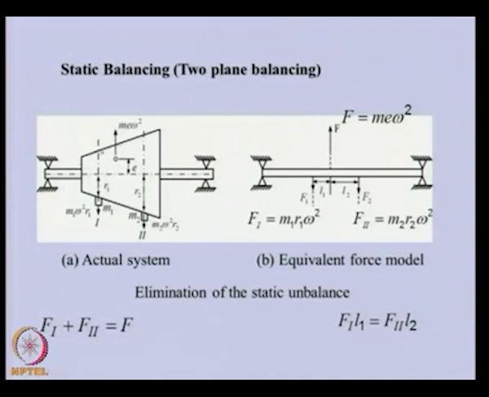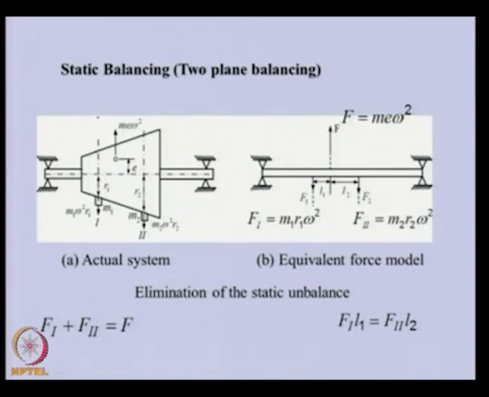Now, we will see static balancing with two planes. There is a rotor in which the center of gravity is offset, but there is no tilting of this rigid rotor, and this gives the centrifugal force m e omega square.